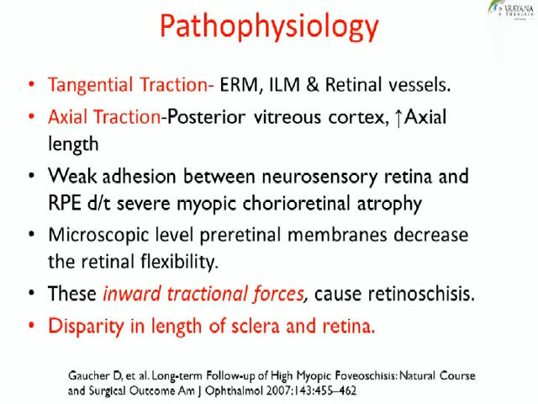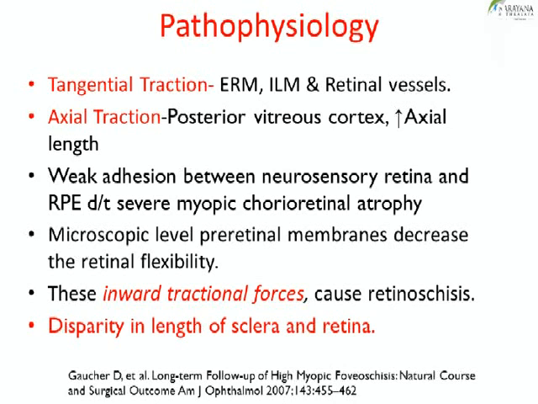And the axial traction, that is the posterior vitreous cortex, increased axial length. There are weak adhesions between the neurosensory retina and the RPE because of the chorioretinal atrophy, and all this will cause a potent tractional force, and this can cause myopic foveosis.